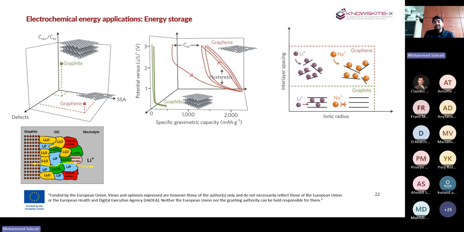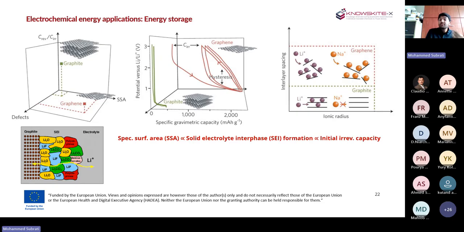So they have a much higher specific surface area, which, from the surface and interfacial phenomena point of view, tends to induce the formation of the SEI. Because of this, you have an increase in the irreversible capacity. This is why you also have a reduction in the ratio.